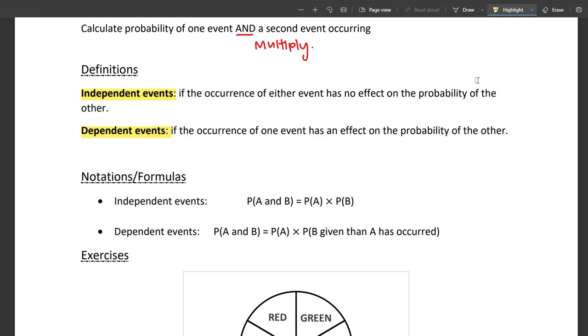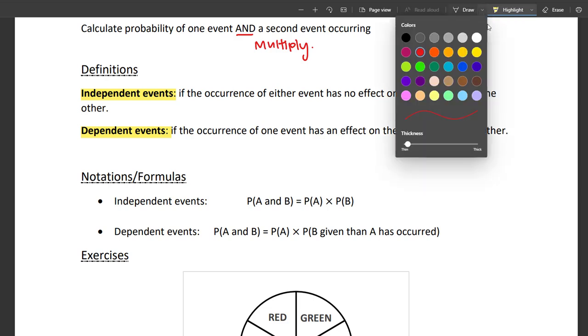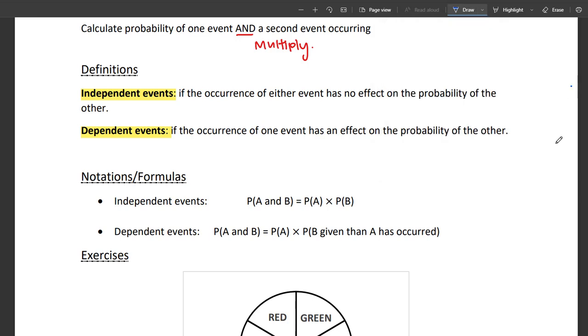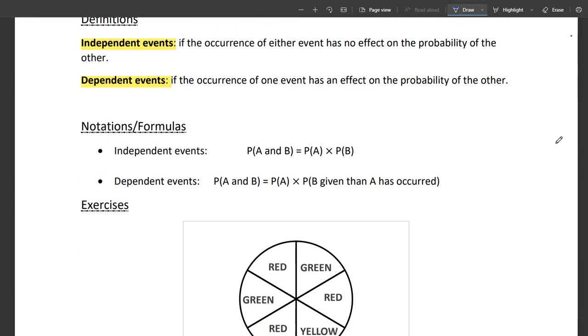An example of an event that is dependent is if you're drawing cards from a deck. If you take a card out and you don't replace it, then that second event depends on whatever your first event is, so whatever the first card is that you've drawn.